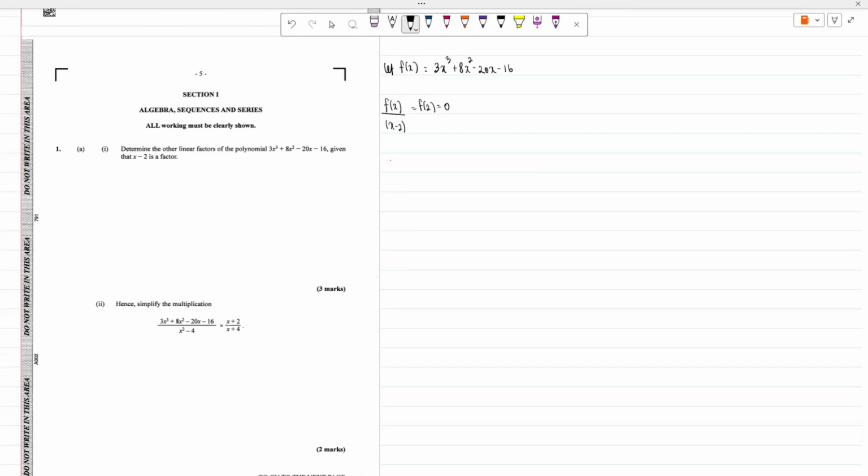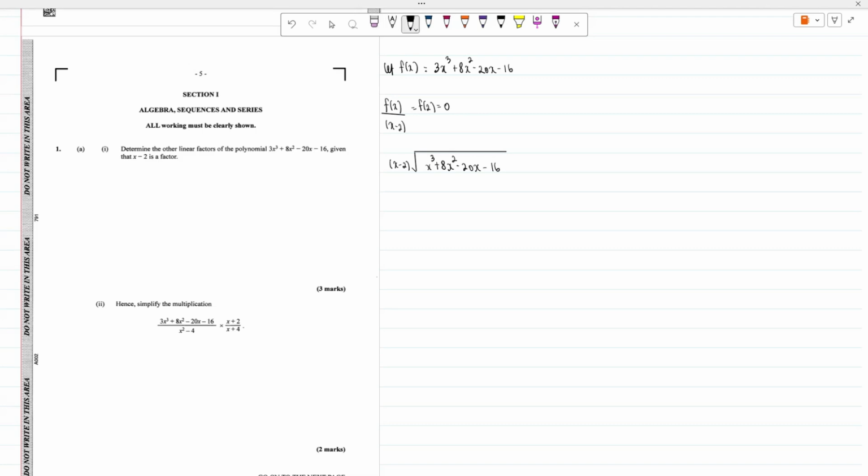What I'm going to do now is divide the polynomial by x minus 2, which is 3x cubed plus 8x squared minus 20x minus 16. And I hope you all remember how to long divide.